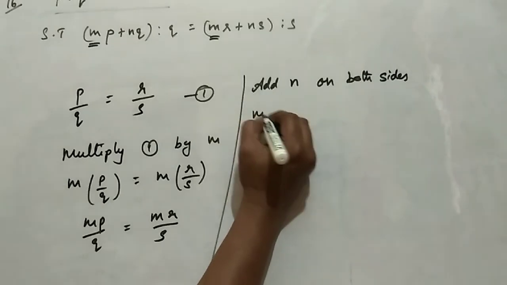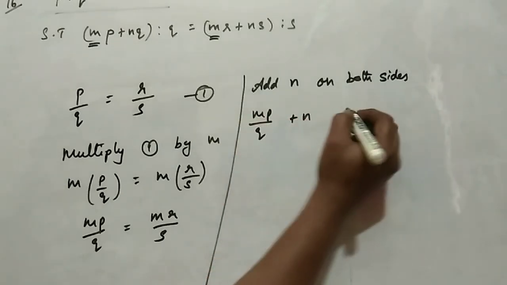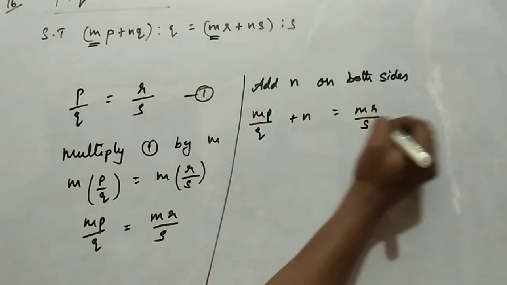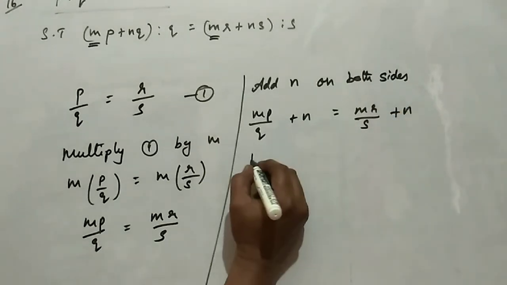So you will get MP upon Q plus N equals MR upon S plus N. Take LCM.